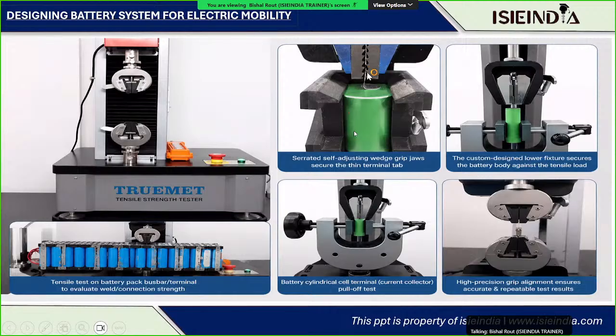But if it separates at a lower pulling force, then the tensile strength is not there. The purpose of this check is to verify whether the weld joint is properly strengthened, whether the bond quality is good, whether it is mechanically reliable, and the durability of the welded battery connections. We use this particular test for that.